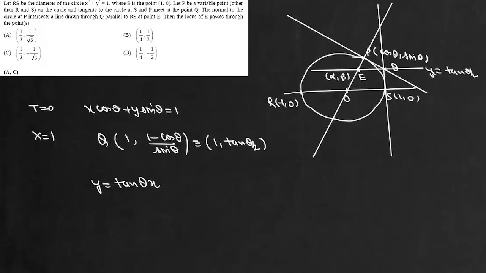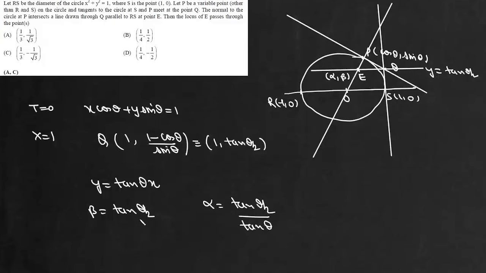Since this line is parallel to x-axis, its y coordinate is tan theta by 2, so we can write beta as tan theta by 2, and alpha will be beta upon tan theta, so there will be tan theta by 2 upon tan theta. Now first we have to find locus of this point E.